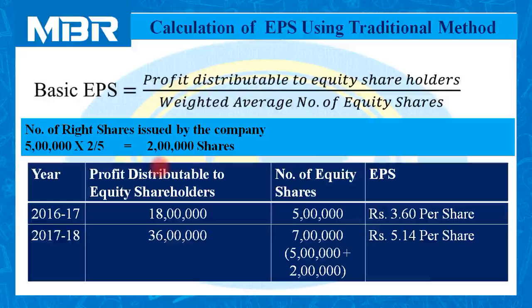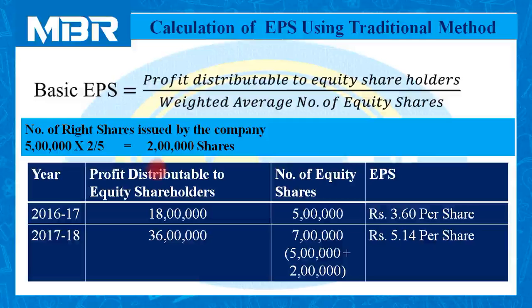For the year 2016-17, profit distributable to equity shareholders was rupees 18 lakhs and the number of equity shares was 5 lakhs, because right shares are offered in the year 2017-18.